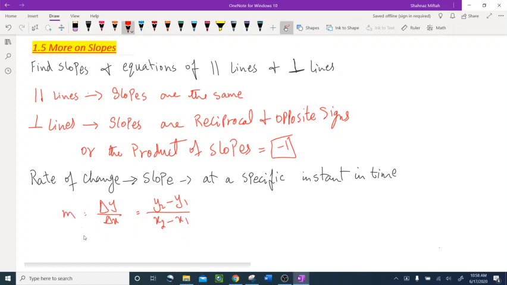Both of them are for slopes. So this is one formula for rate of change that we use. And what kind of rate of change is this? At a specific instant in time. And most of the time we use this for linear functions.